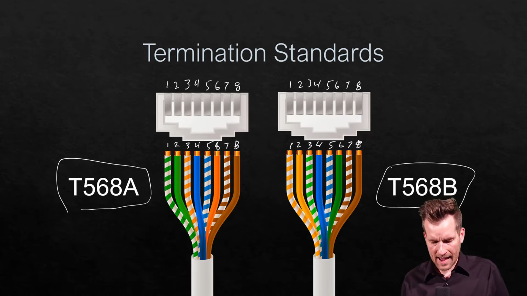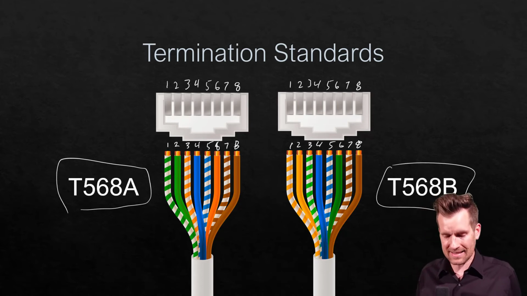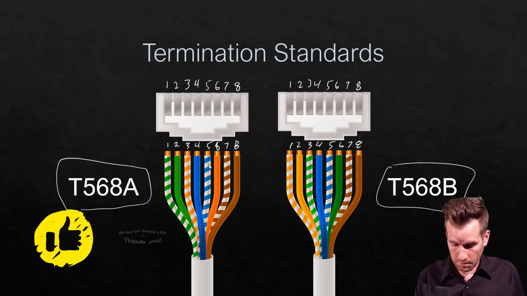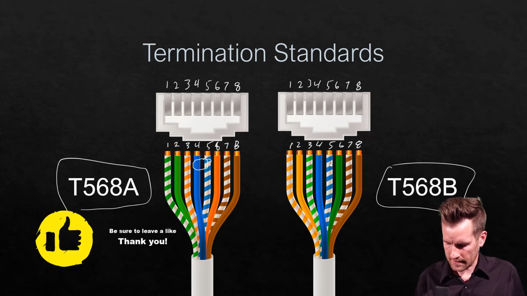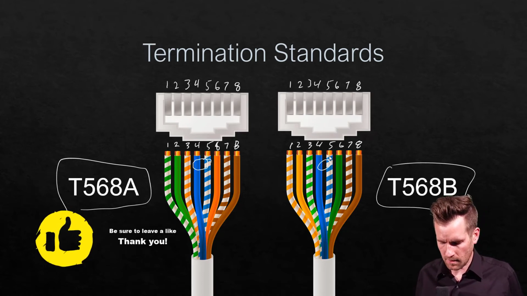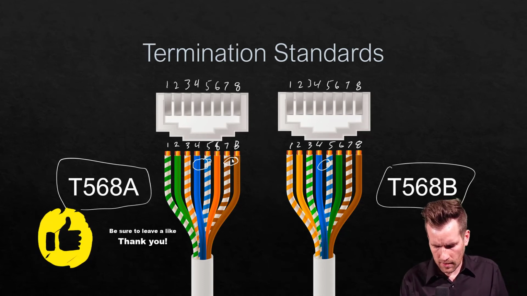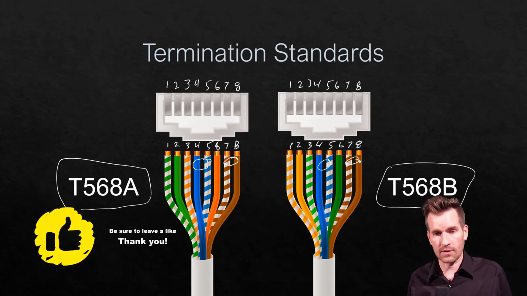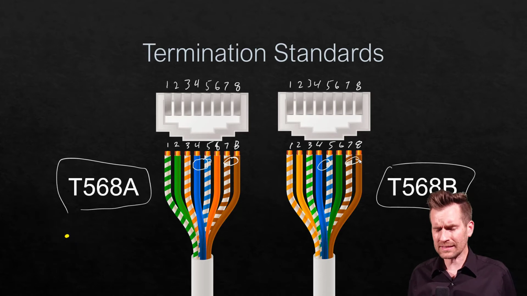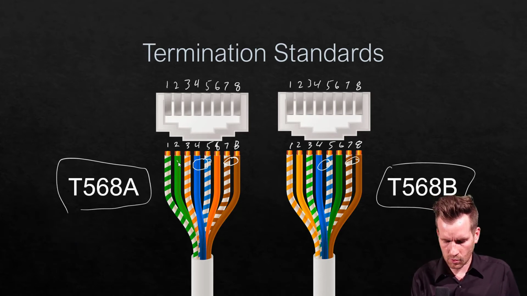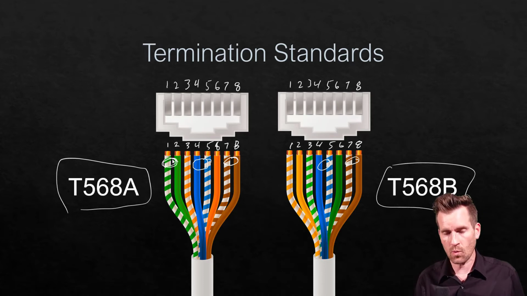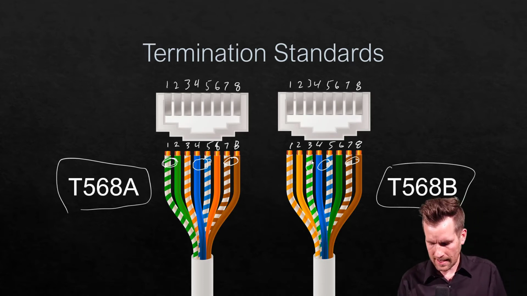So we can see that really these are mostly the same, except the blue is in the same place on both of these different termination standards. The brown is in the same place on these different termination standards. What we see the difference is, though, is the green and the orange are swapped. So the green takes pins 1 and 2 on this one versus pins 3 and 6 on this one.